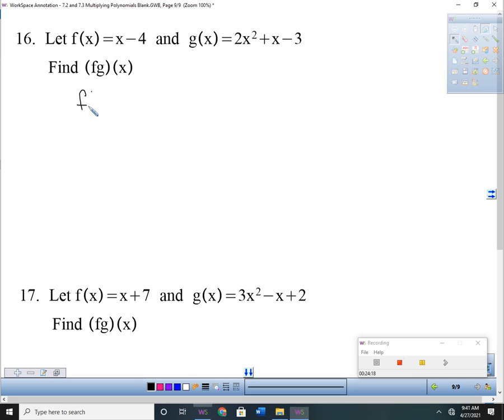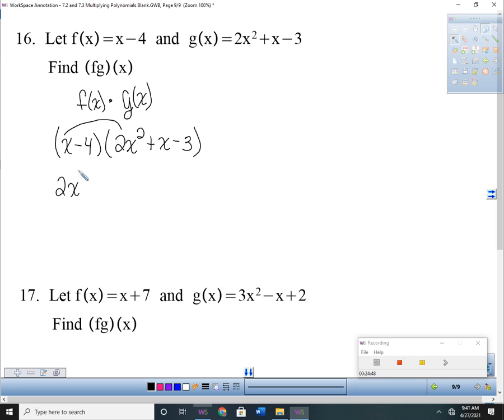So now this just means we're going to take f of x and we're going to multiply g of x, right? So put those in parentheses. We've got f of x, which is x minus 4, times g of x, which is 2x squared plus x minus 3. And now it's just a regular multiplication problem. So x times 2x squared is 2x to the third.